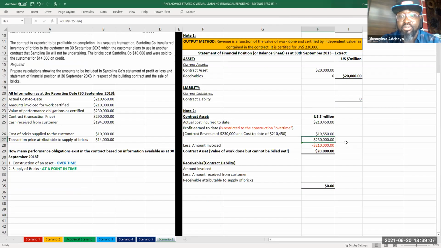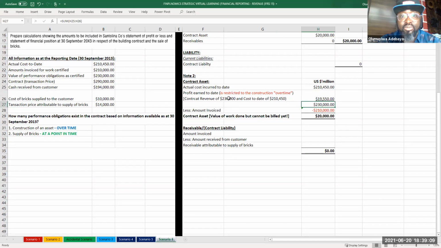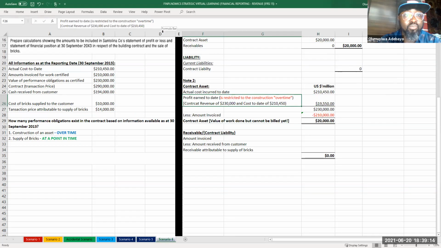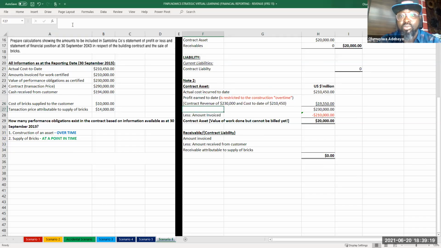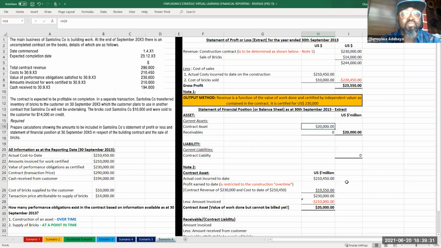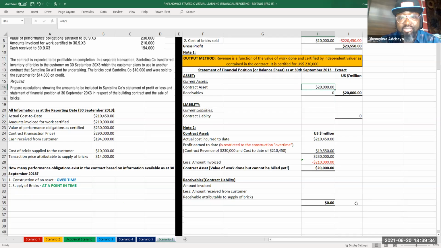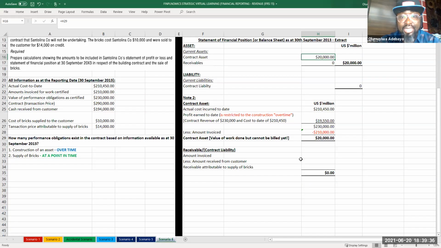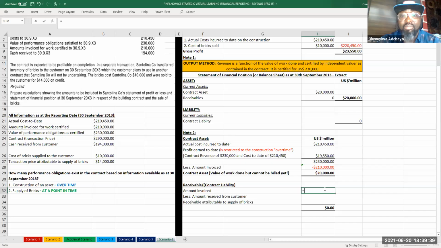That is that. Now, invariably, this is the value to us less the amount invoiced, which means our contract asset is 20,000, and that is reported in our balance sheet. Next is to determine receivable or contract liability, and that is our amount invoiced. How much was invoiced? 210.